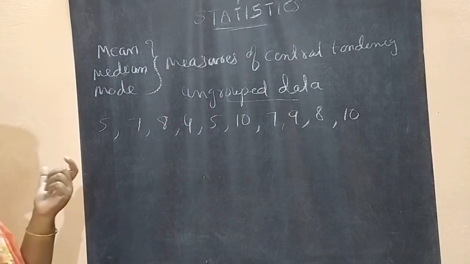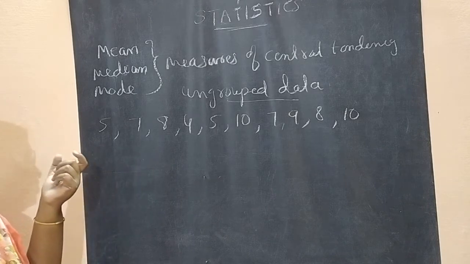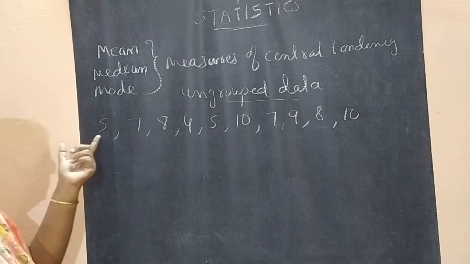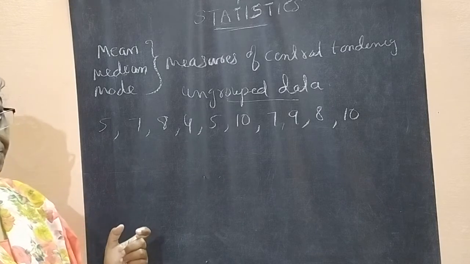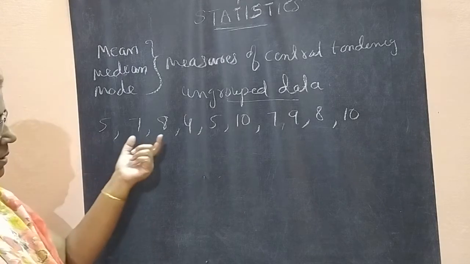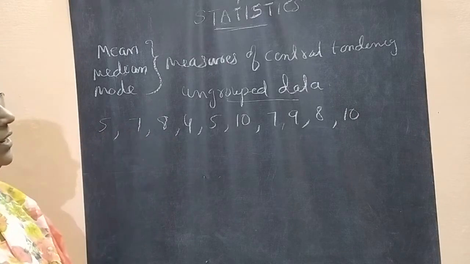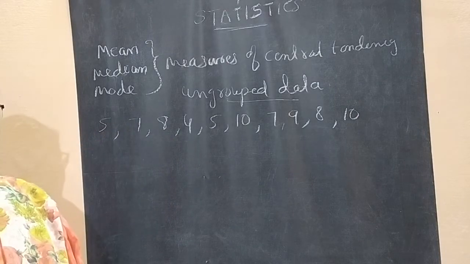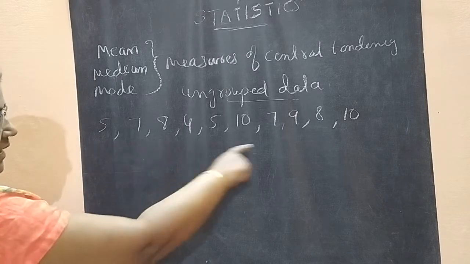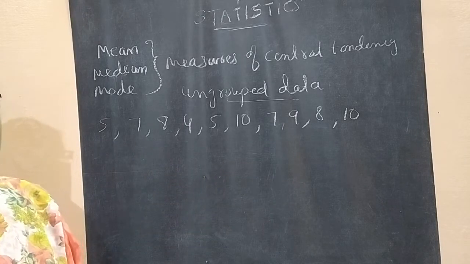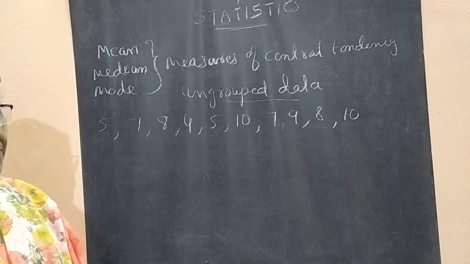If we arrange some marks or data in this form, it is called ungrouped data.